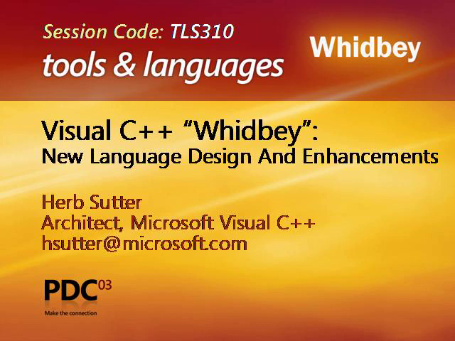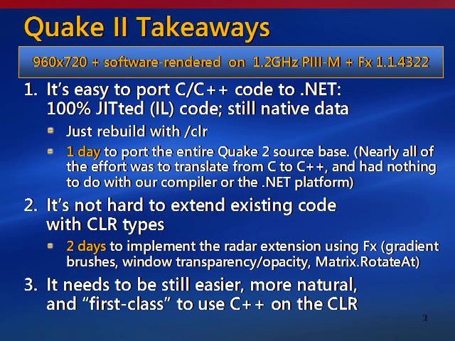One thing I want to note about Quake is that while it was an existing code base and wasn't written to run with the CLR features, it only took them one day to build it off of the CLR. And that's actually typical when using a new architecture. C++ just gives you that ability.